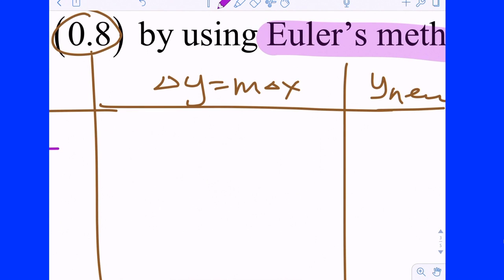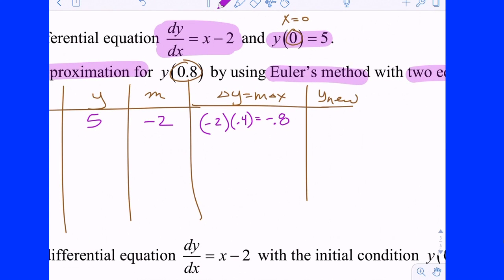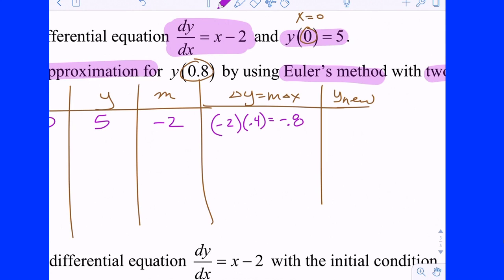So it's as simple as the slope that we just calculated, negative 2 times 0.4, which ends up giving you negative 0.8. We only go down 0.8 of a unit. Once you have the change in y, now you figure out your new y value. Your new y value is your old y value that you're starting with, 5, plus delta y, in this case minus 0.8, and that gives us 4.2.